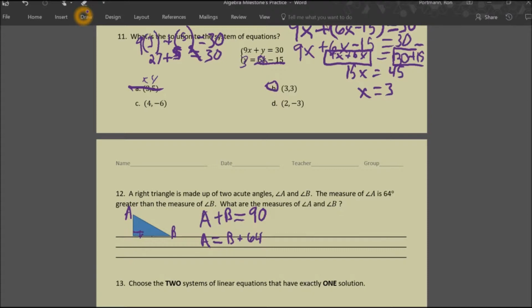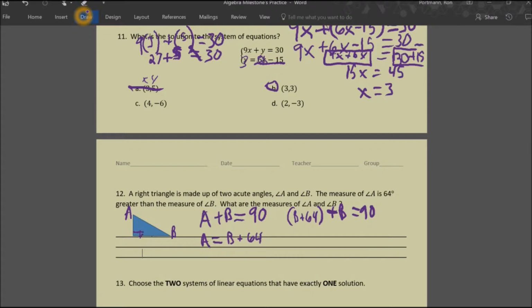So now, since A is by itself, we would use the substitution method here. A is equal to B plus 64. So you'd put a B plus 64 in for A. To finish writing the equation, we just put plus B equals 90.